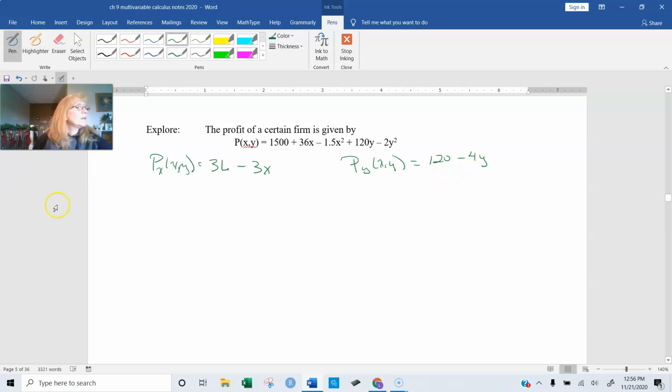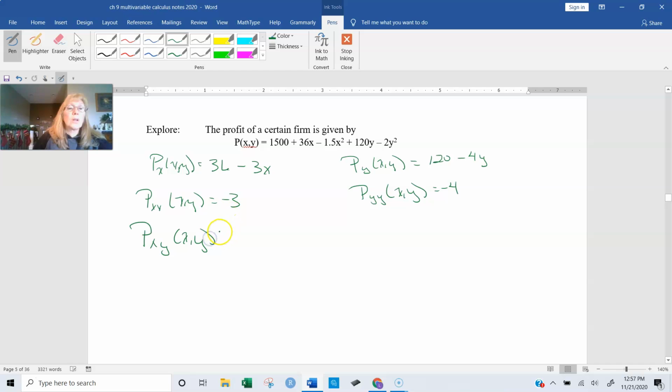Okay, double derivative with respect to x is just equal to negative 3. Double derivative with respect to y is equal to negative 4. The derivative of xy, if you look here, this one's really weird, right? Because it's just a number, so that equals 0.